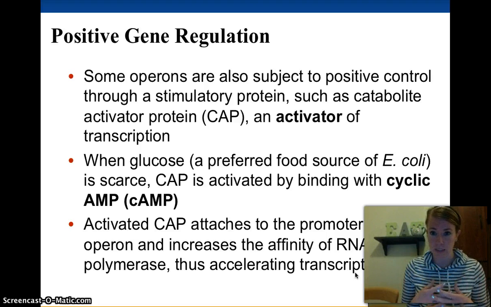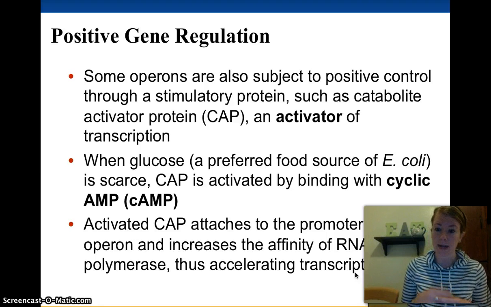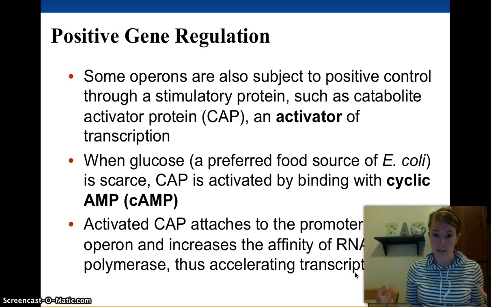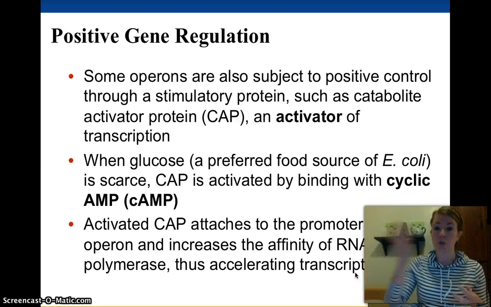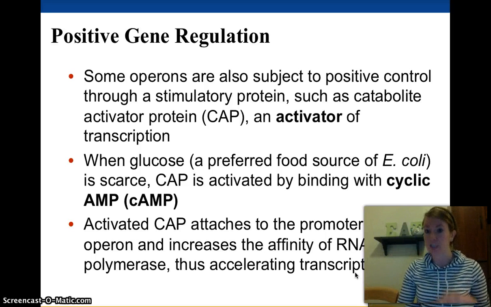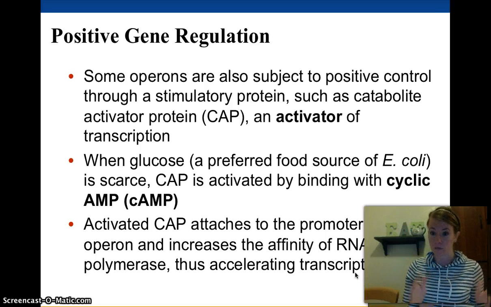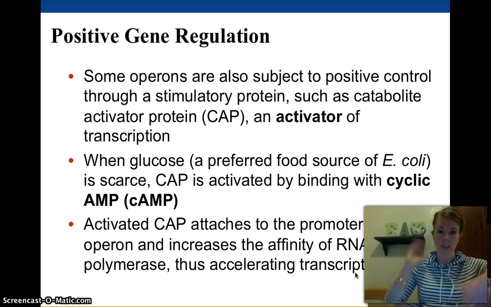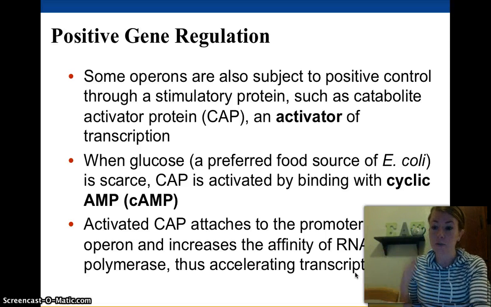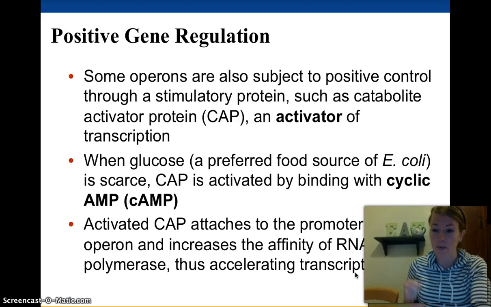Catabolite activator protein gets activated by something called cyclic AMP. So cyclic AMP is a co-activator, and it binds to CAP and turns on CAP, just like tryptophan bound to the TRP repressor and turned it on. Okay, so it's a coenzyme. So cAMP, cyclic AMP, binds to CAP, and then CAP is going to activate the transcription of these genes that we're talking about.